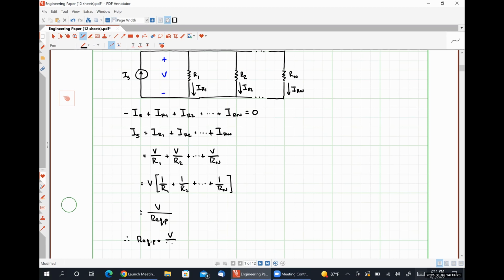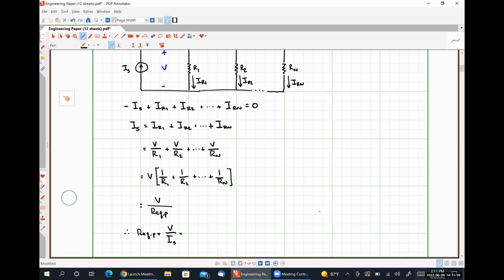Nothing more than the ratio of V over IS, which comes out to be 1 over R1 plus 1 over R2 all the way out to 1 over R sub n, and all of this to the -1 power, or simply the reciprocal of the sum of the reciprocals of the resistors in parallel.